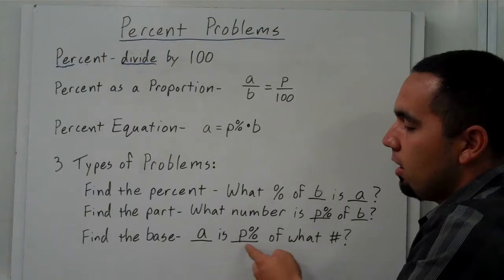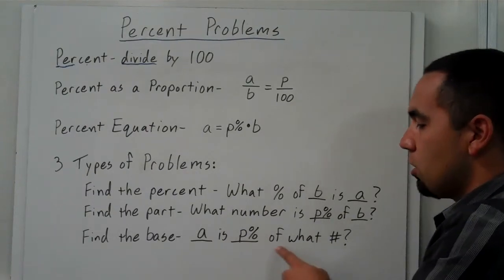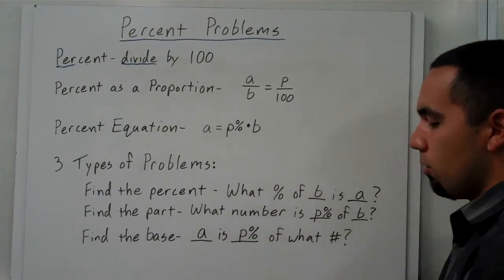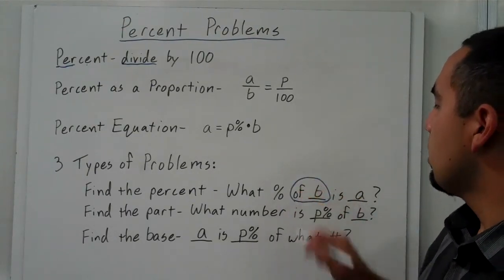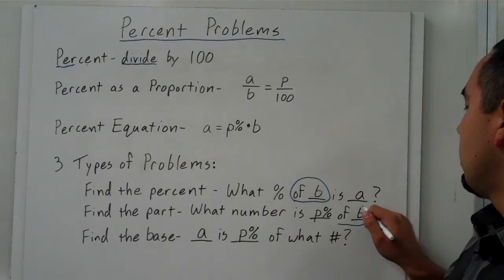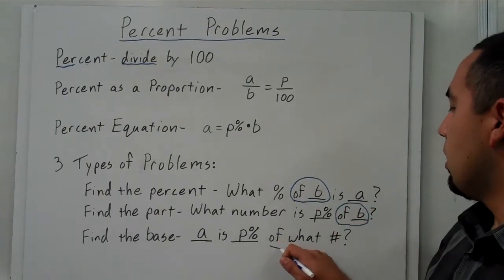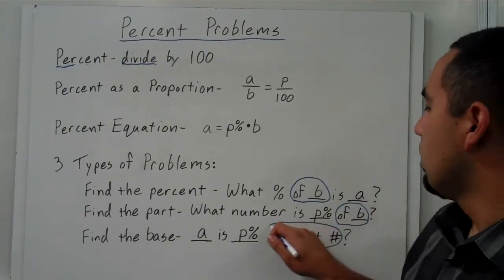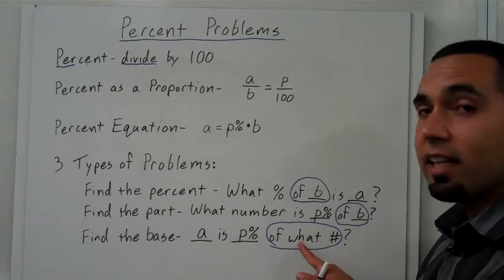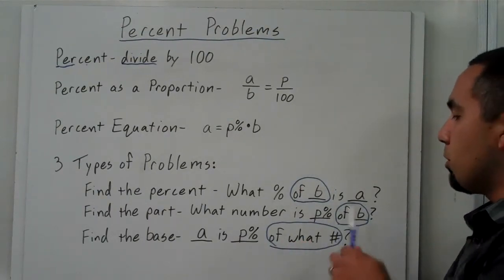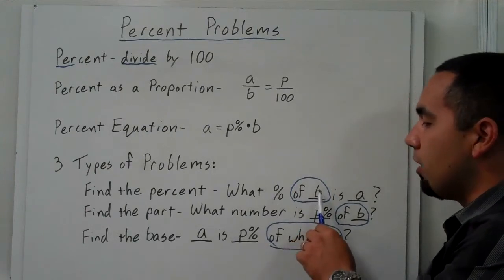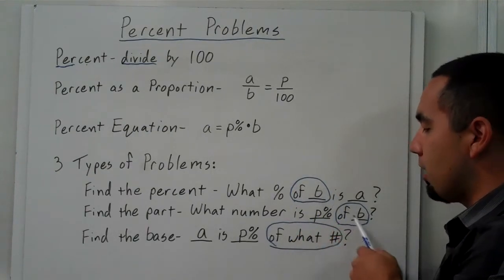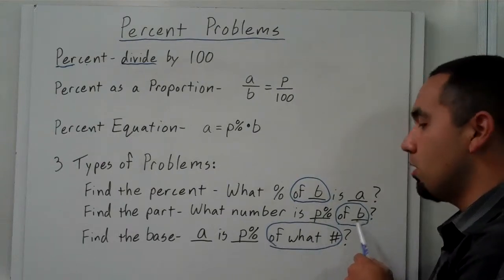So A is some percentage of what number. If you notice something, "of B" and "of what number": this is the type of problem where you're trying to find B, and these types of problems give you B. So this is kind of your key. Whenever you see "of" and then a number, you know that number is going to be your base, okay?